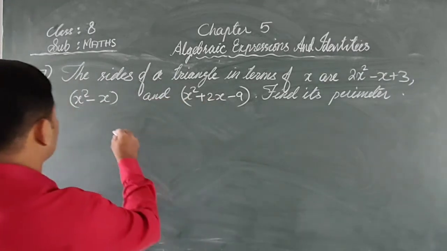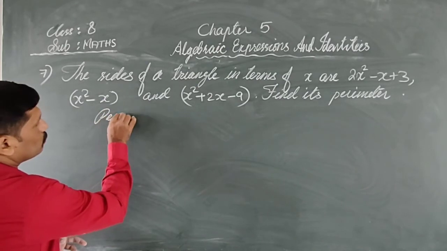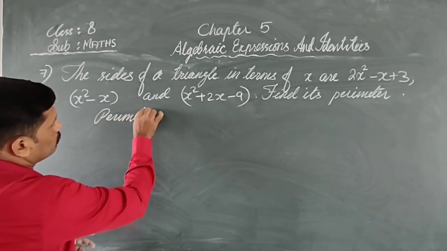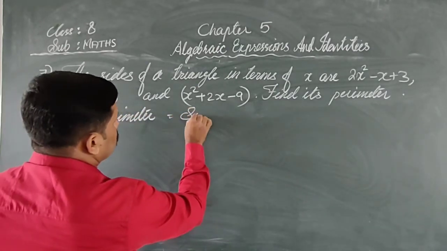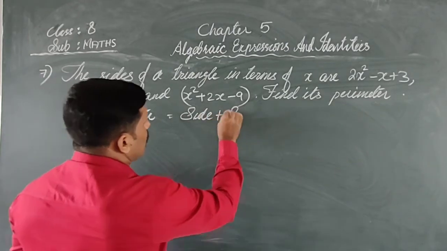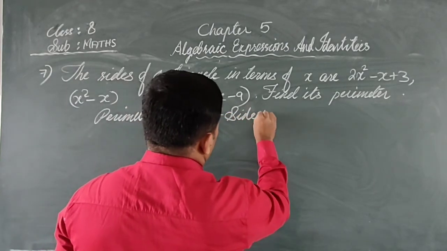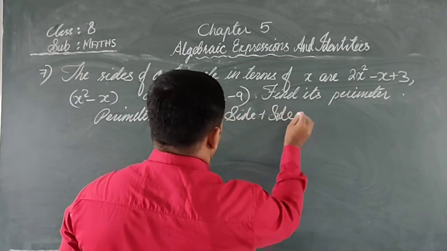So we write the formula, perimeter is equal to side plus side plus side.